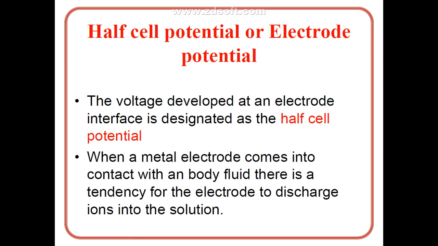Next we see about the half cell potential or electrode potential. The voltage developed at an electrode interface is designated as the half cell potential. When a metal electrode comes into contact with the body fluid, there is a tendency for the electrode to discharge ions into the solution.